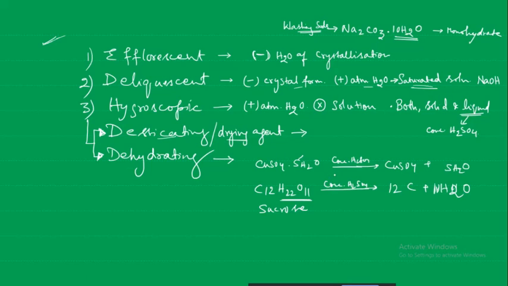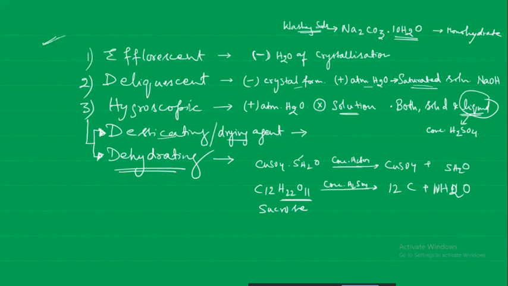So the liquid form of hygroscopic substance is concentrated H2SO4. It can be used as a dehydrating agent. Some hygroscopic substances can be used in packaging material, like silica gel. It is a solid and will not completely convert into liquid and form a solution, so it is safe.